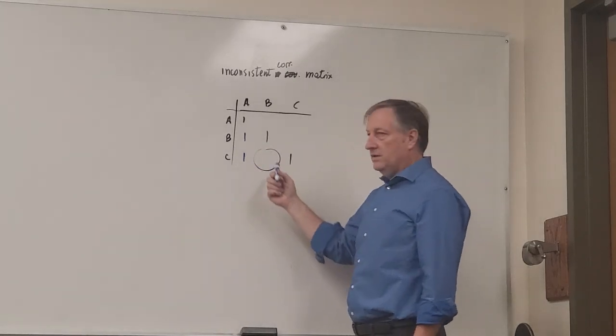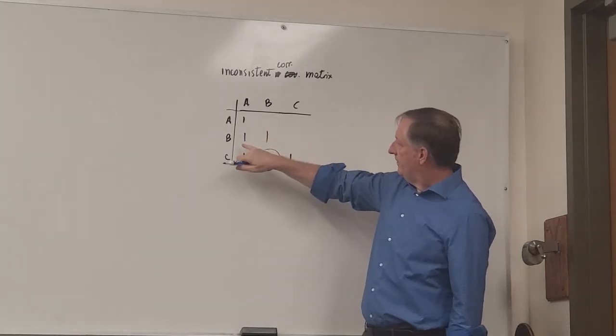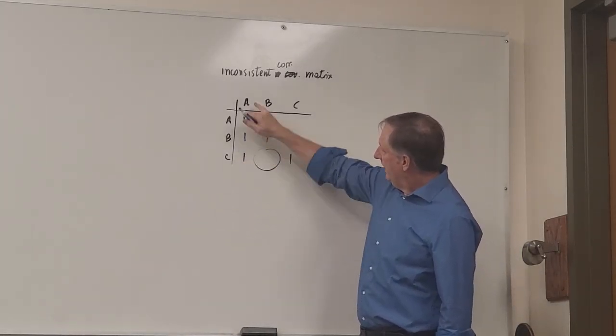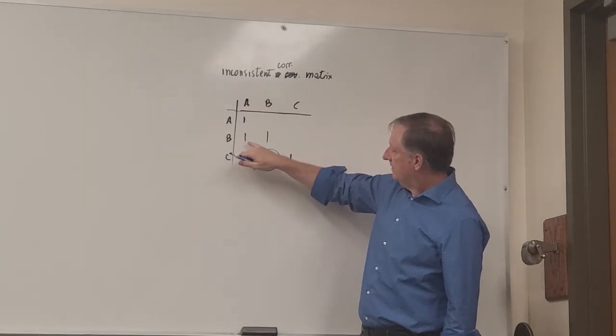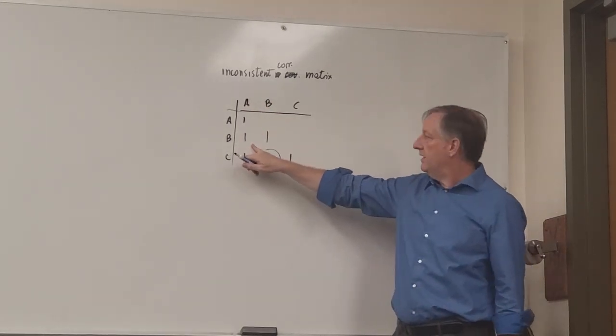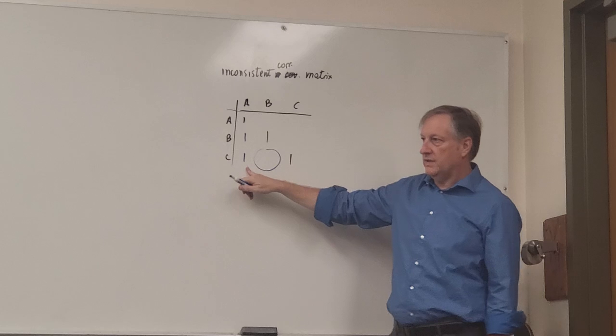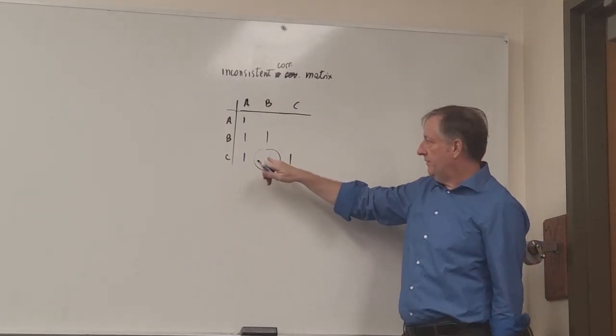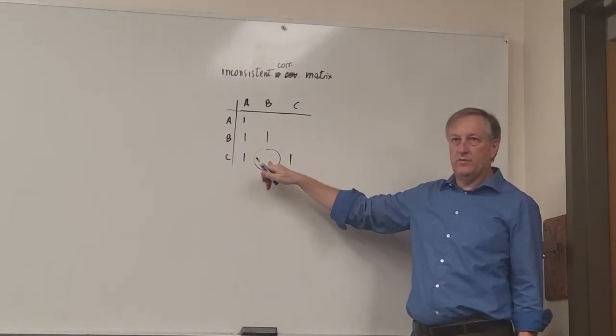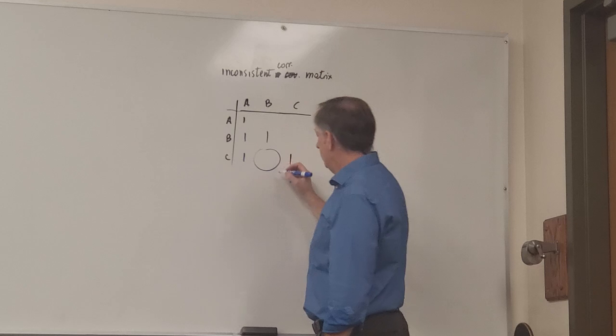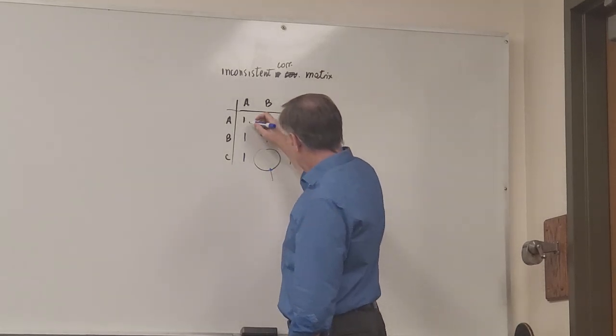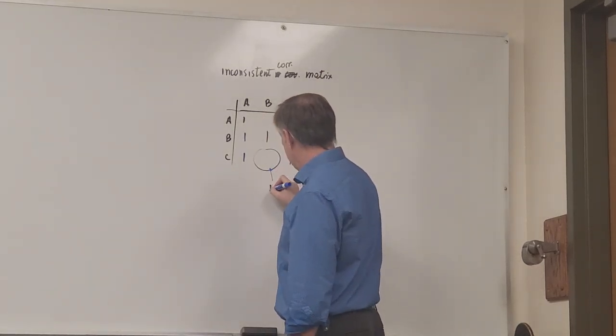Should be 1 as well. If A and B always do the exact same thing, and A and C also do the exact same thing, it follows that B and C should also do the exact same thing, right? So an inconsistent matrix is when you have this scenario and this number is not 1.